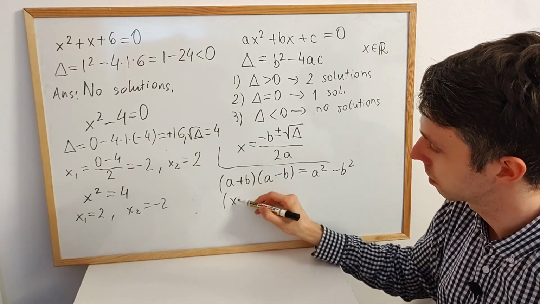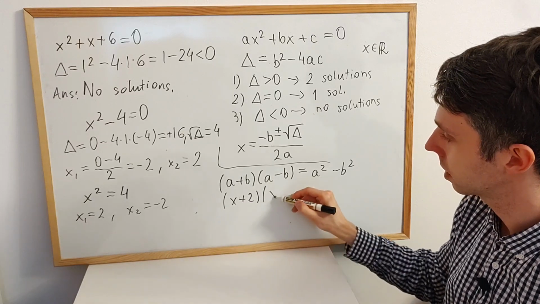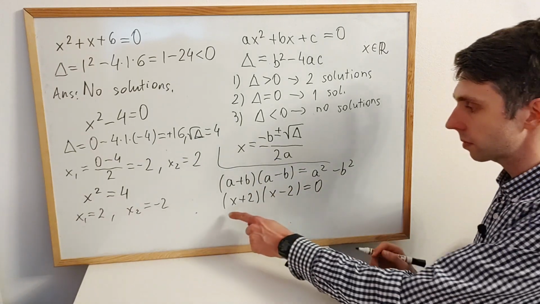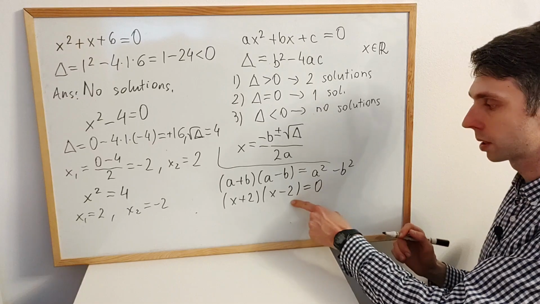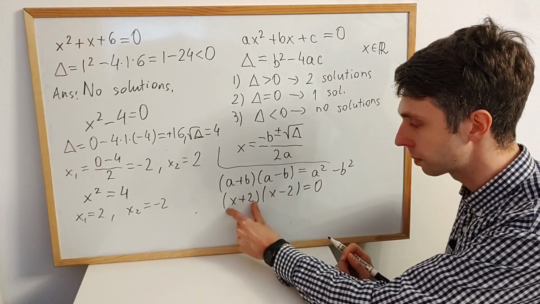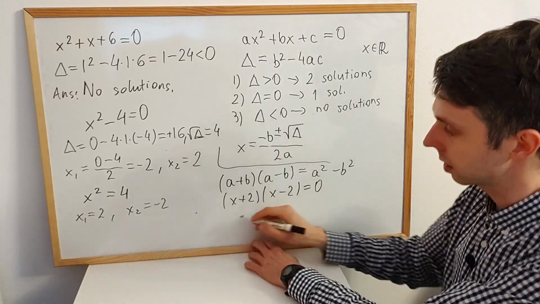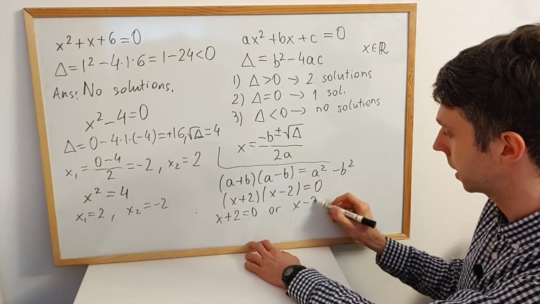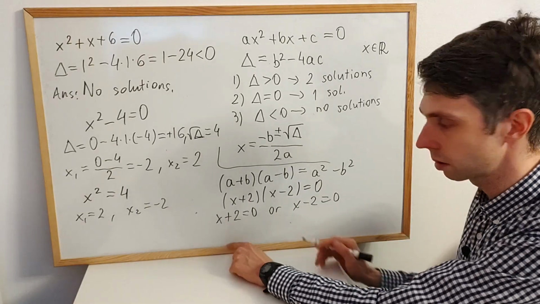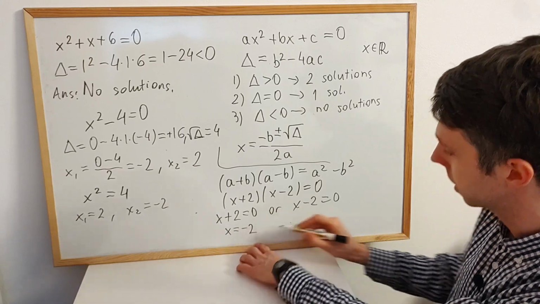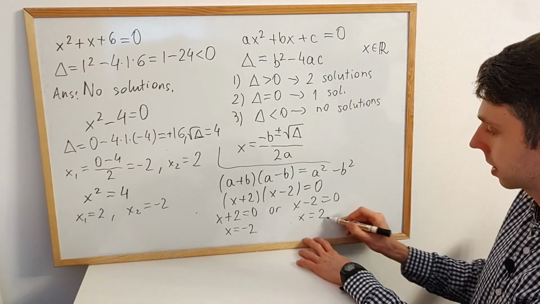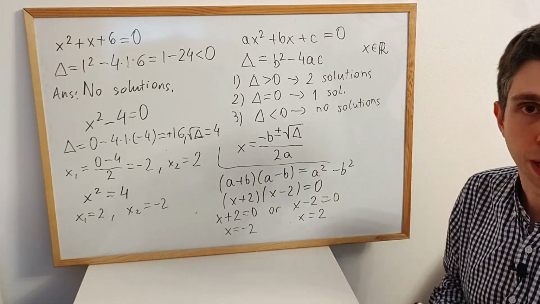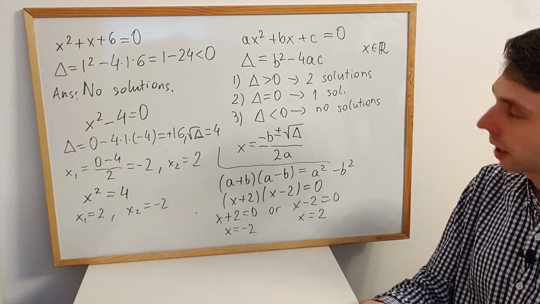So a plus b will be x plus 2, a minus b will be x minus 2, equals 0. Now, bracket times bracket equals 0 means this bracket is 0 or this bracket is 0. So x plus 2 is 0 or x minus 2 is 0. From this you get that x is minus 2, from this you get that x is plus 2, and you find your two solutions, no doubts.